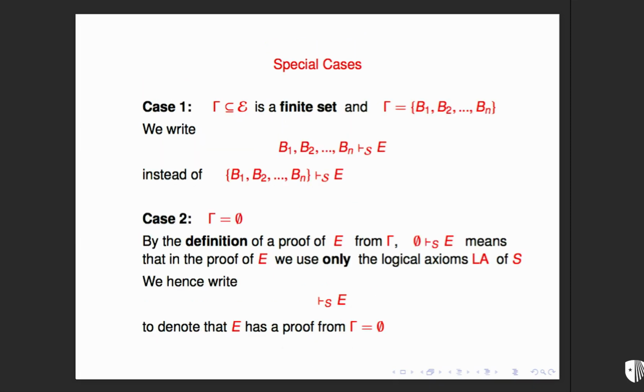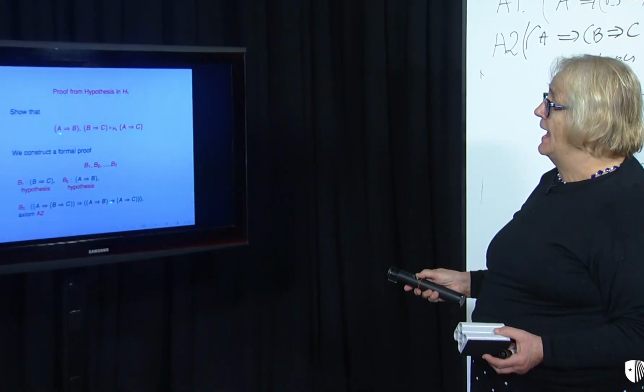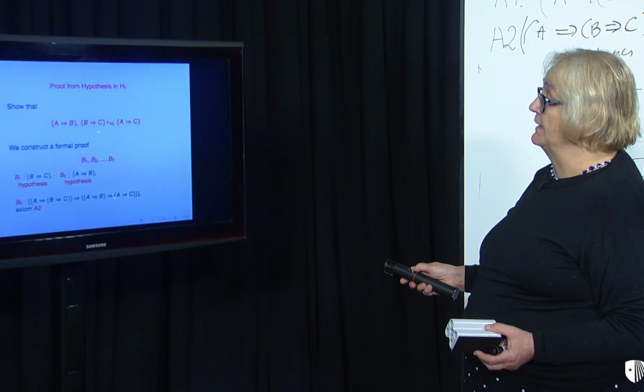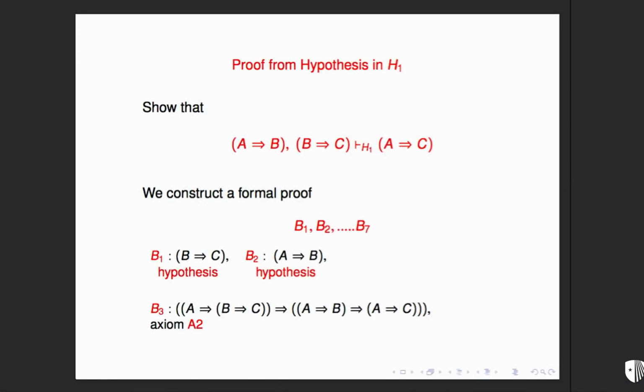So for example, let's construct a formal proof of A implies C from A implies B and B implies C. It means I have it, I proved it already, or I assumed it by hypothesis.